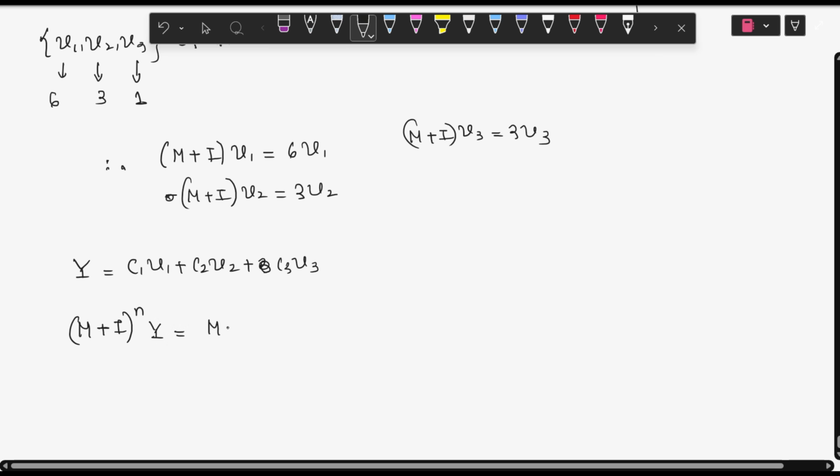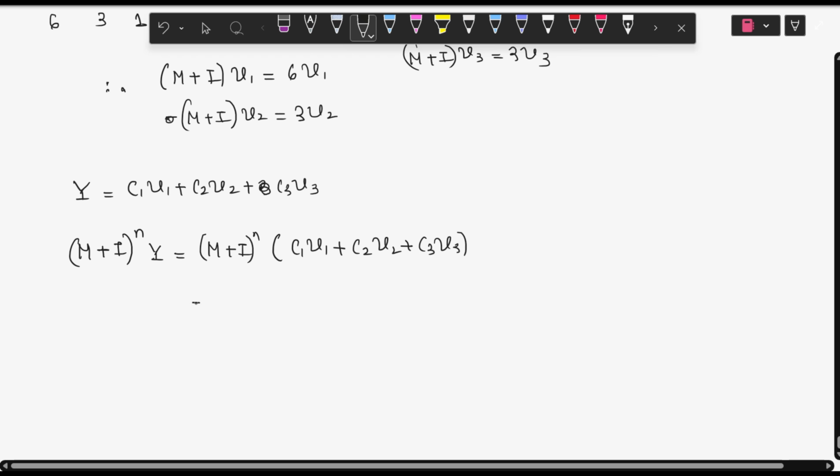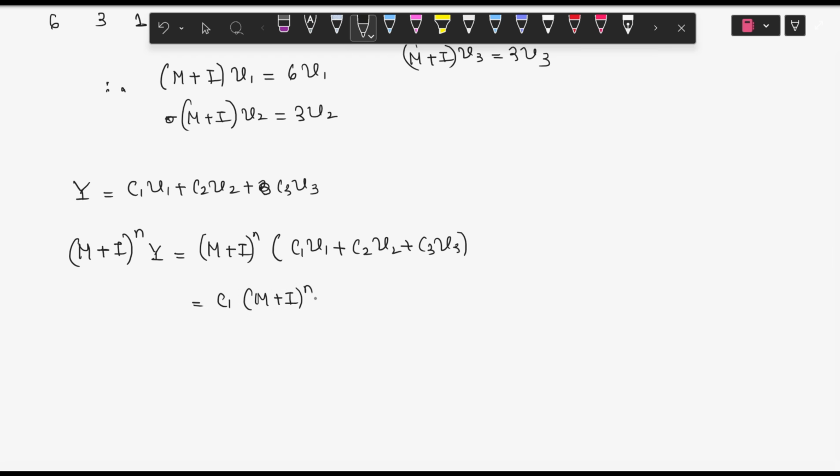So (M plus I)^n into (c1v1 plus c2v2 plus c3v3), ठीक है ना। तो हम इससे क्या बोल सकते हैं, c1 (M plus I)^n of v1 plus c2 (M plus I)^n of v2 plus c3 (M plus I)^n of v3.